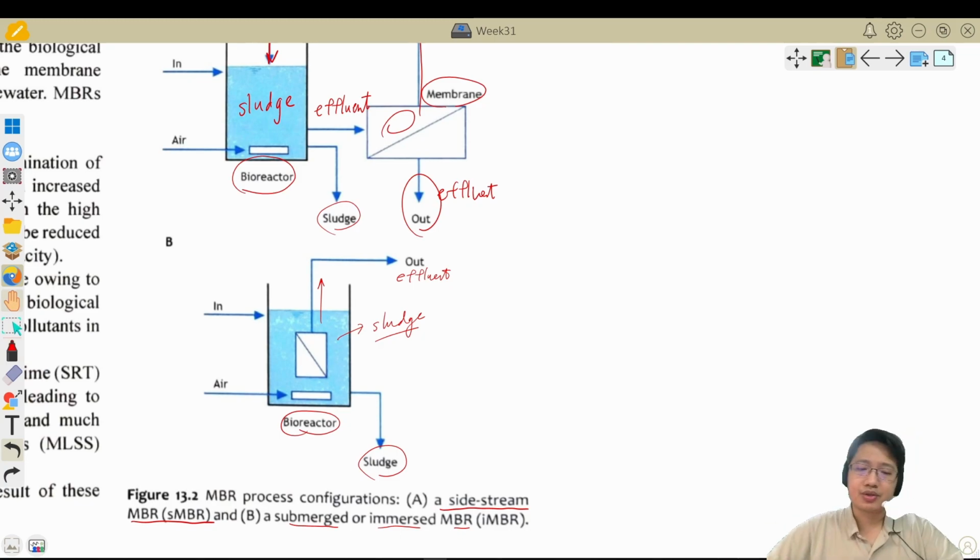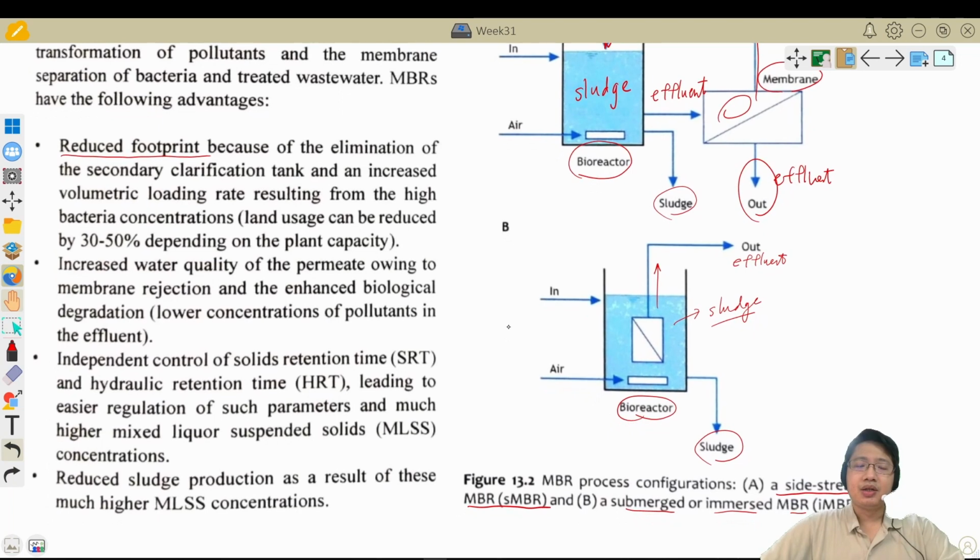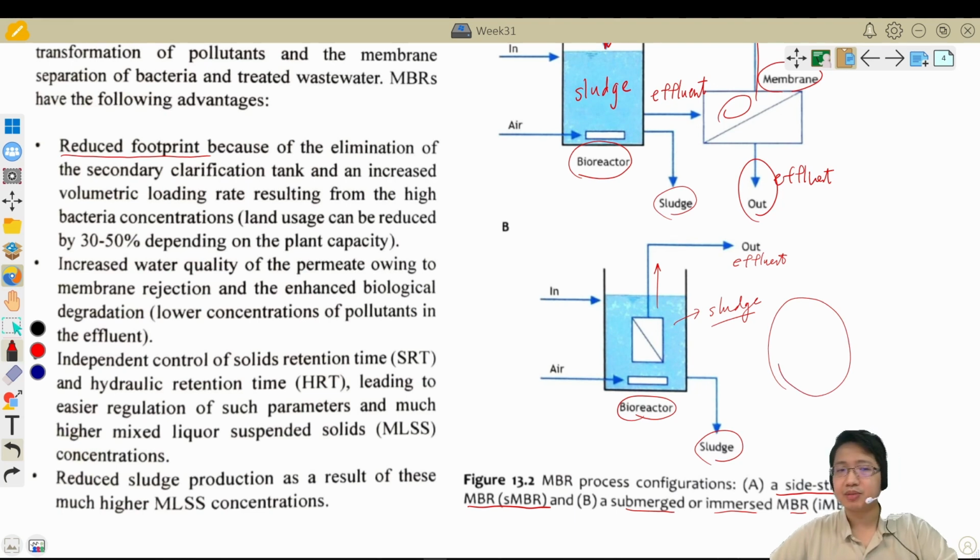So by using the submerged MBR, you will have the advantage of a reduced footprint for your whole system, because you don't have to provide additional places to put the membrane module.